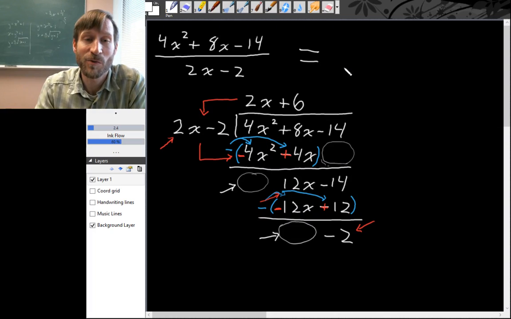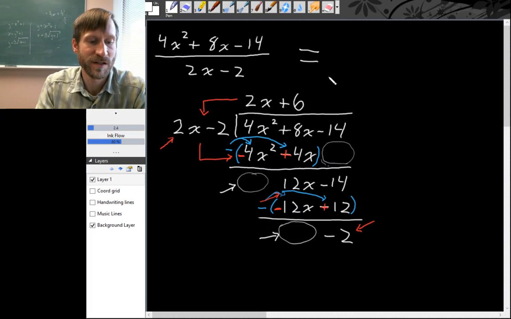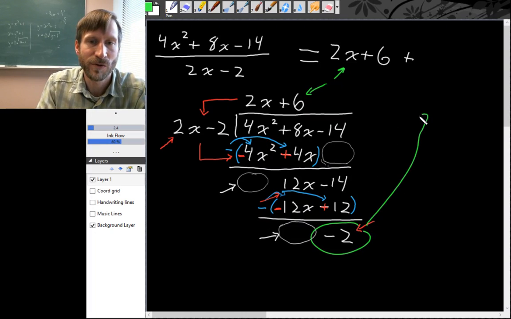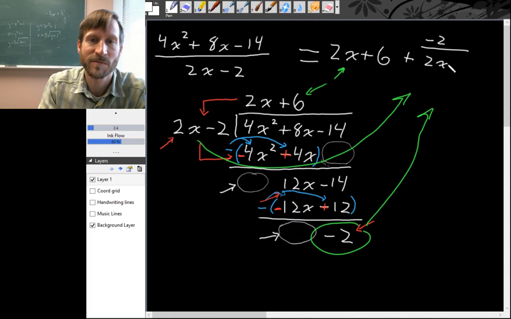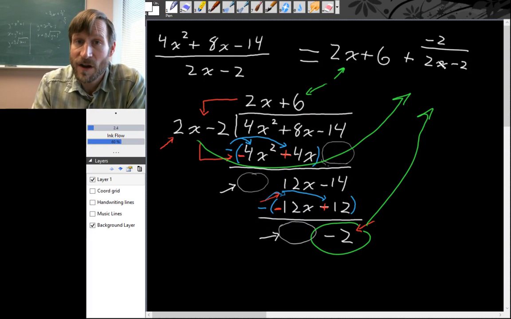And just like with integer division, your final result is the quotient, this piece right on top, so 2x plus 6, plus the remainder, this negative 2, over the divisor. So the remainder, negative 2, over the divisor, 2x minus 2. All right. So this is our final result.